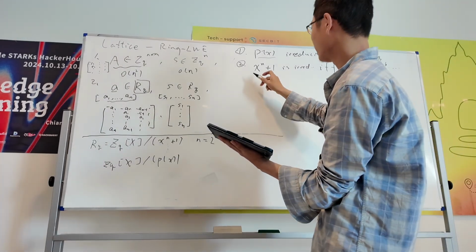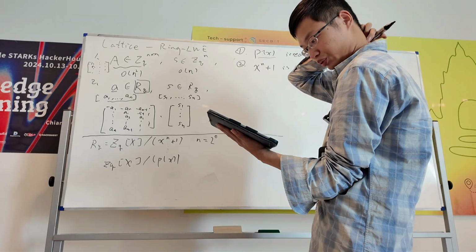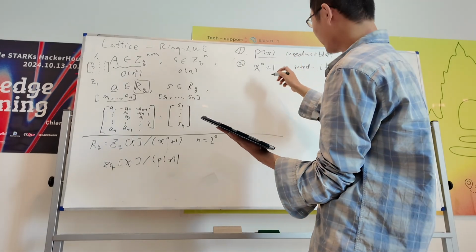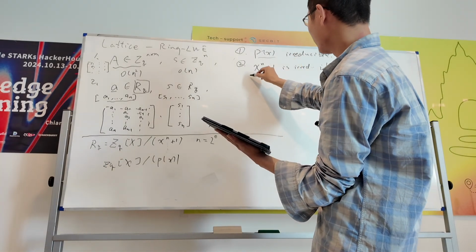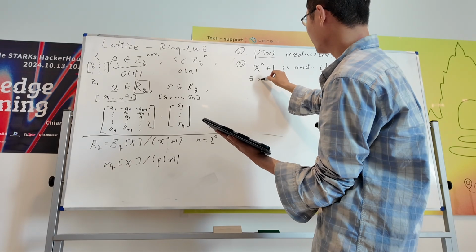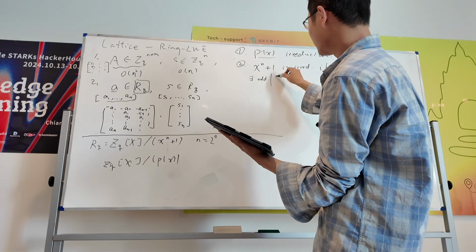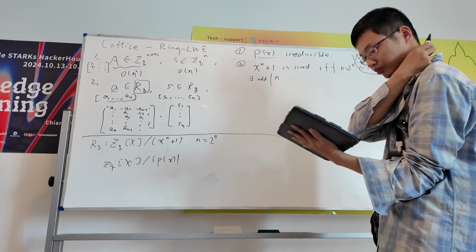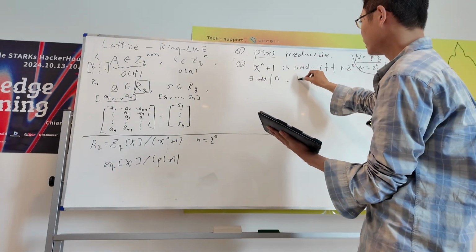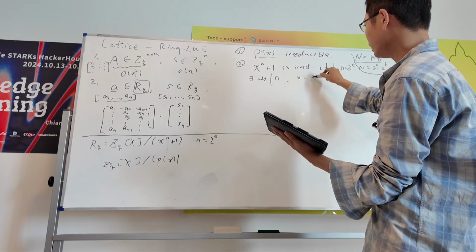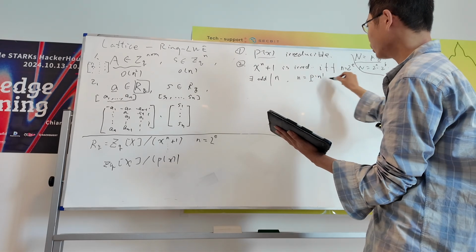Why? I prove by contradiction. Assume that there exists an odd number that divides n, and we can write n as p times n prime, where p is an odd number.